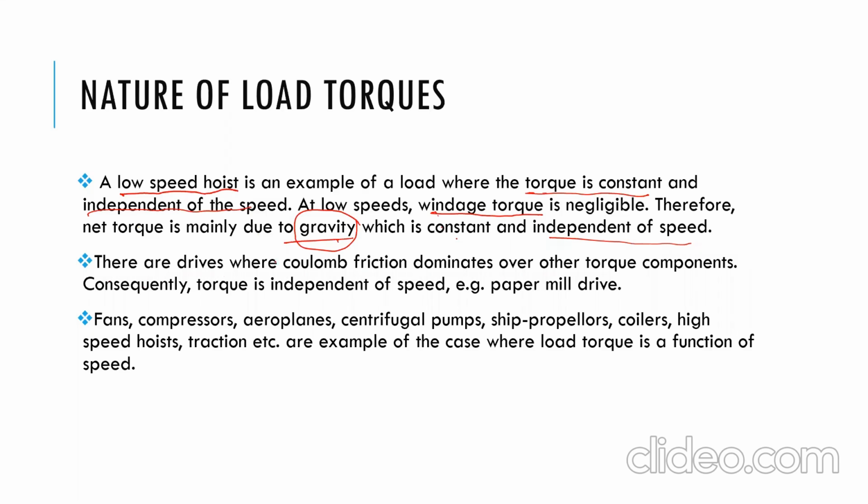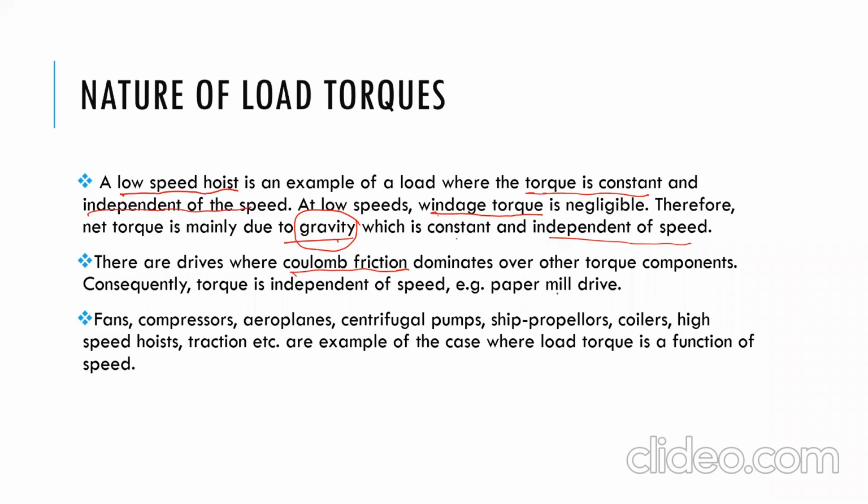There are drives where Coulomb friction dominates over other torque components. Consequently, torque is independent of speed. Coulomb friction is a constant. Example given: paper mill drive. In a paper mill drive, a constant torque of very large value has to be given to cut a particular set of paper, or to drill a hole through a set of paper.